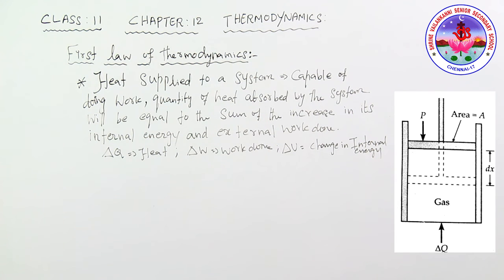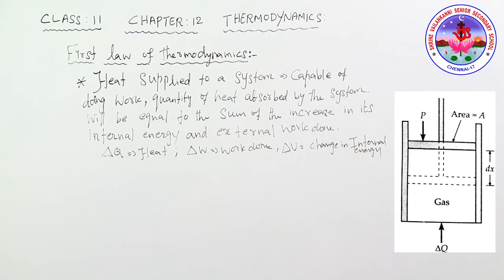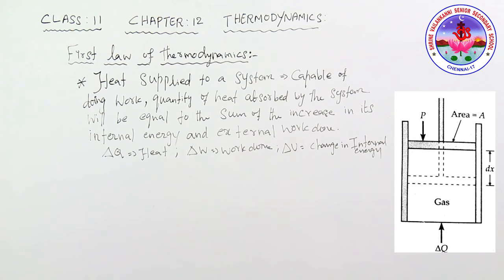See the diagram, children, we have taken the absorption of heat by a gas in a cylinder. It is attached with a movable piston. Here we have taken del Q, which is the heat supplied to the system by the surroundings, del W, which is the work done by the system on the surroundings, and del U, which is nothing but the change in internal energy.